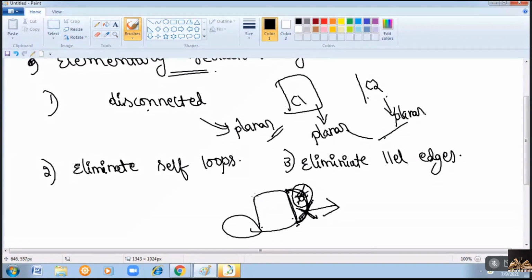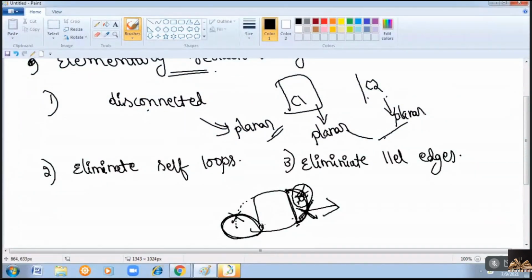In the same way, if there is an edge crossing with this self loop, the connection is from a vertex to itself. So there is no need of these self loops.